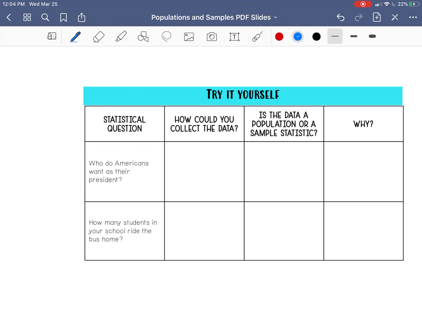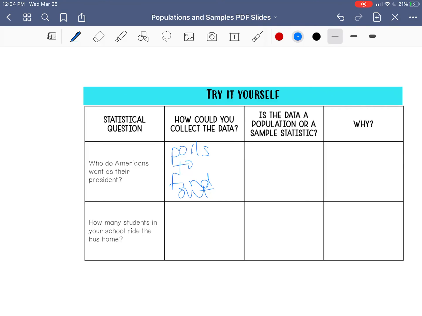Okay, so who do Americans want as their president? How do we collect that when we are looking at who Americans want as their president? Well, we go to the polls to find out what Americans want, right? Is that going to be data of a population or a sample statistic?